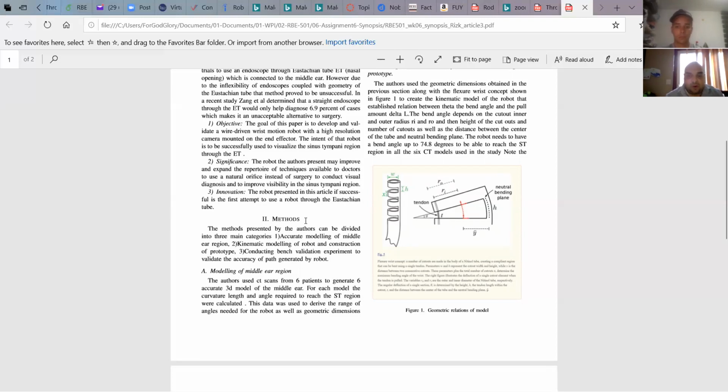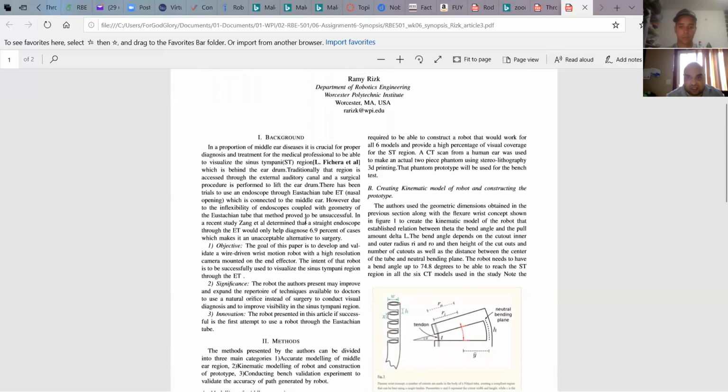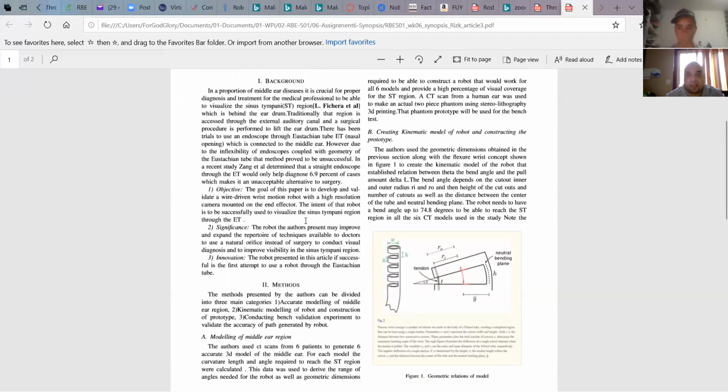Based on that modeling, they were able to identify what range of motion that miniature robot needs to have in order to cover those 6 patients. They found that the robot needs to be able to bend up to 74.6 degrees. That is the range of motion on the rotational side. And after they did this, they created the kinematic model of the robot and constructed the prototype.